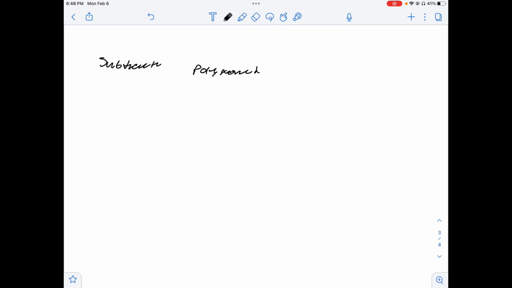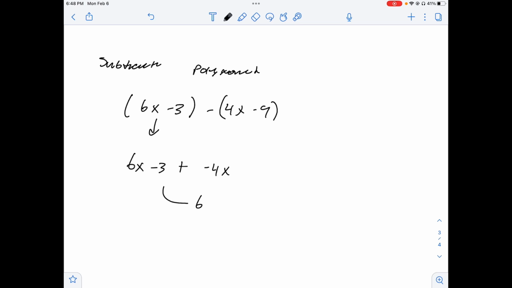So for an example, if I had 6x minus 3 minus 4x minus 9, take away the parentheses and keep the first term, which is 6x minus 3, and then plus negative 4x, or just 6x minus 3 minus 4x, and then plus 9, because originally it was negative 9.